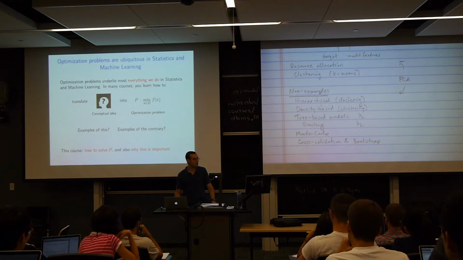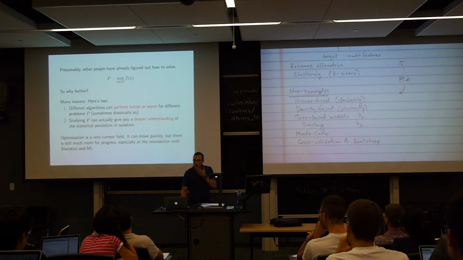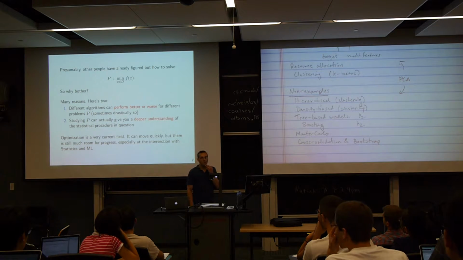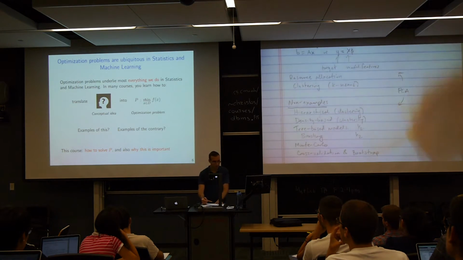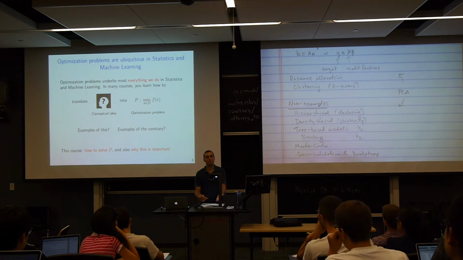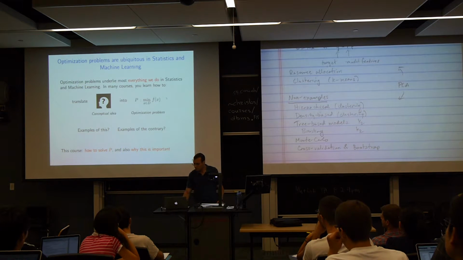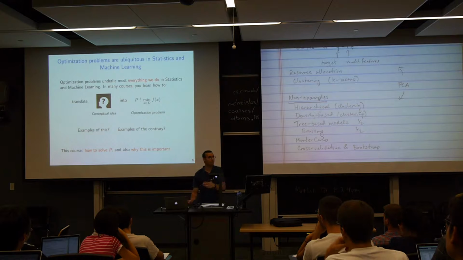OK, that was just to get us thinking a bit. So why are we going to bother thinking about the right-hand side explicitly, right? We talked about various examples of things that translate into optimization problems, a few things that don't. This class, we're going to be thinking about the right-hand side in particular. So we're really not going to be doing this kind of translation from left to right very much.